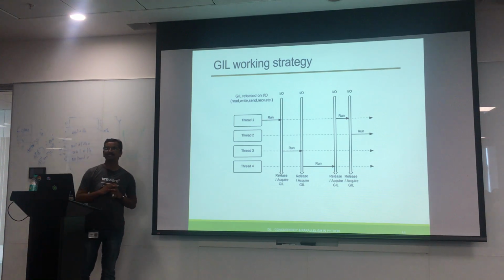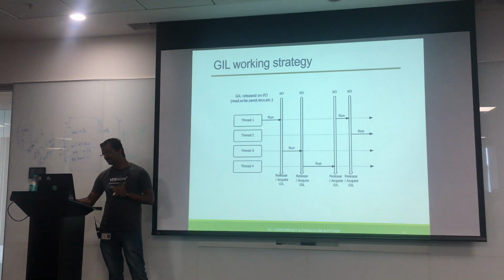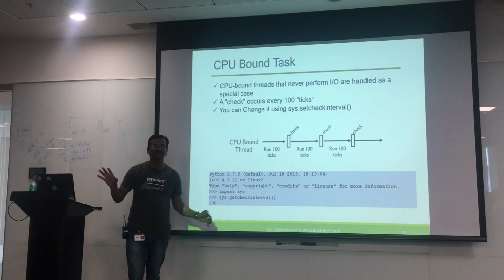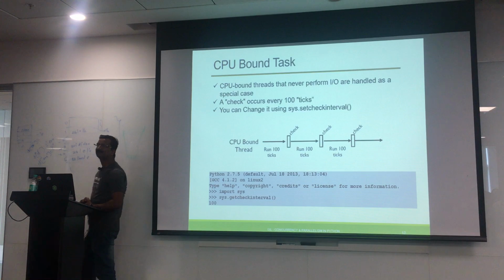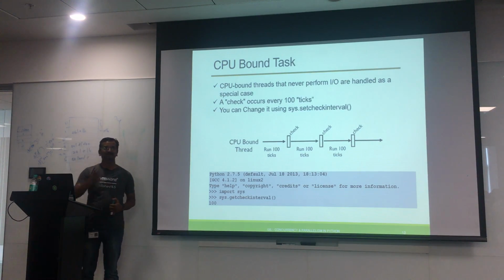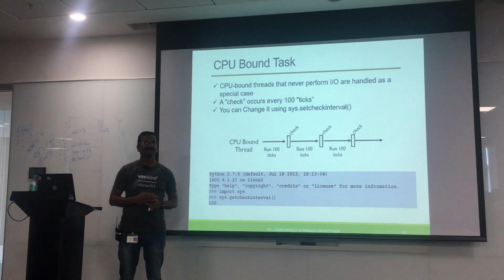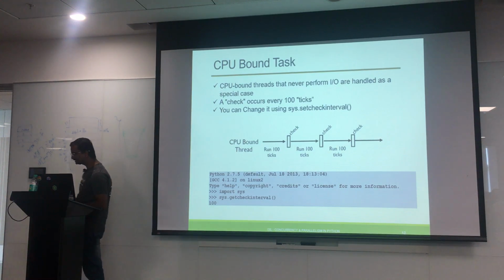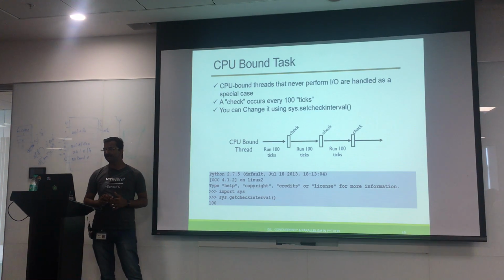But the program I showed you was a CPU bound task. In a CPU bound task, nobody is going to do any IO operation. Then who will give the lock to another thread when one thread is running for, let's say, 1 hour? Until it finishes executing, nobody will get it, right? So the Python interpreter has its own way of tackling this situation: the check interval.